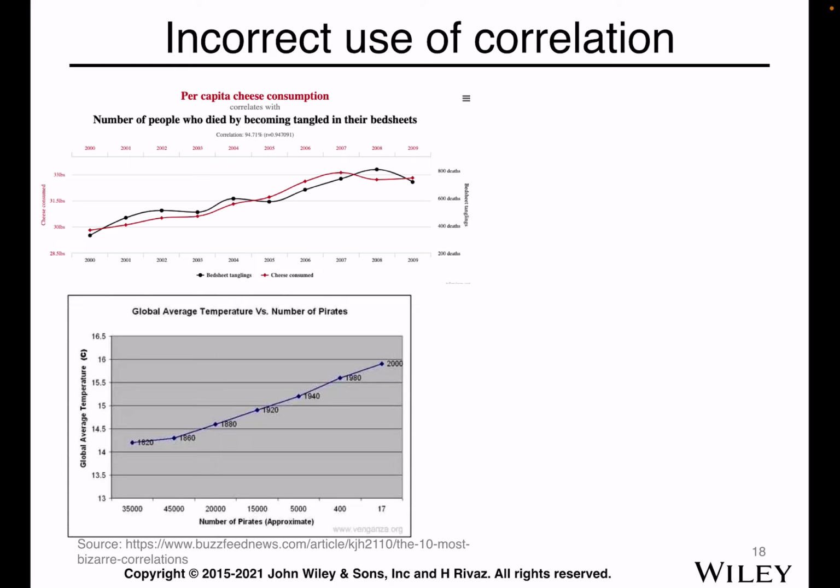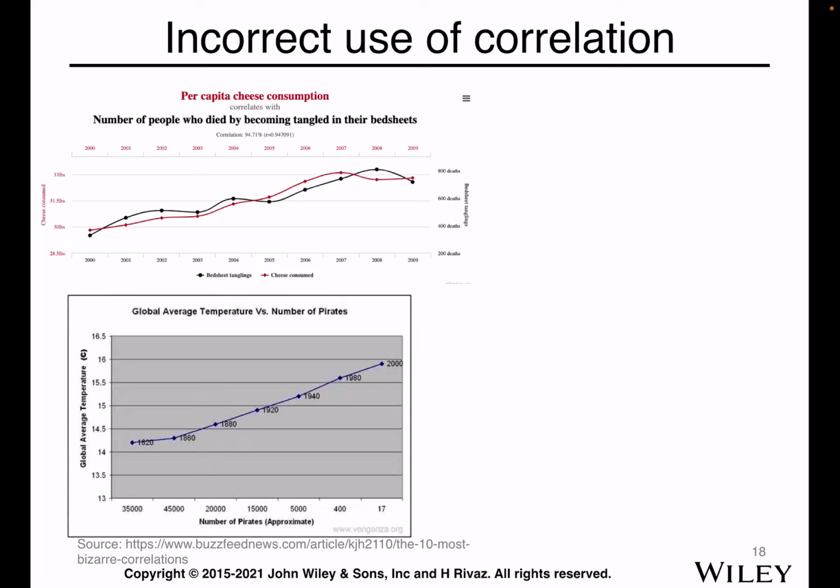So I mentioned the website down here, right? I got this from a website, right? If you look at things randomly, there are many events. For example, in this case, in the top graph, the x-axis shows bedsheet tangling, right? And the y-axis shows cheese consumption, right?